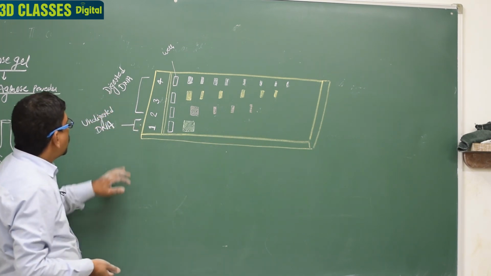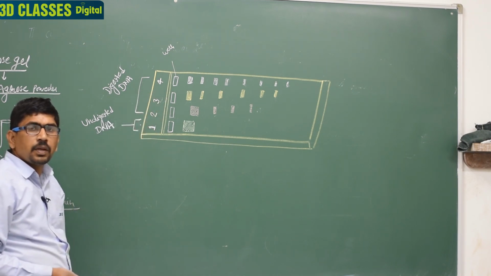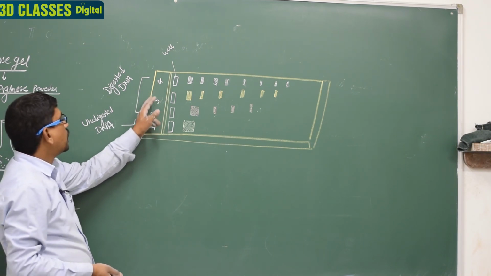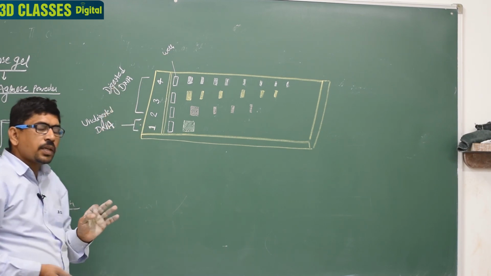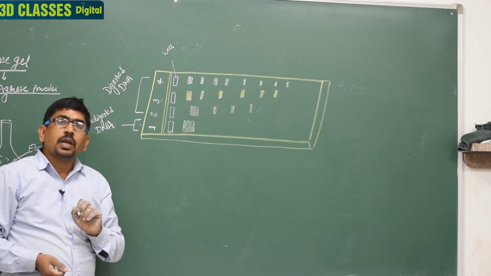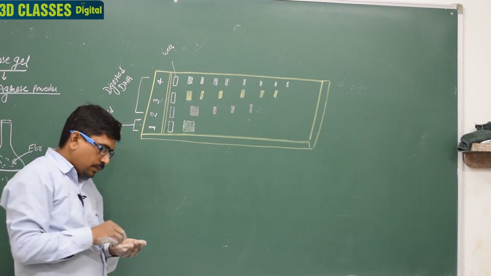So these are the 1, 2, 3, 4 samples present here. How many samples? 4 samples: first, second, third and fourth, digested DNA and undigested DNA. What is the meaning of digested DNA and undigested DNA? Undigested DNA means it is not treated with the RE enzyme.